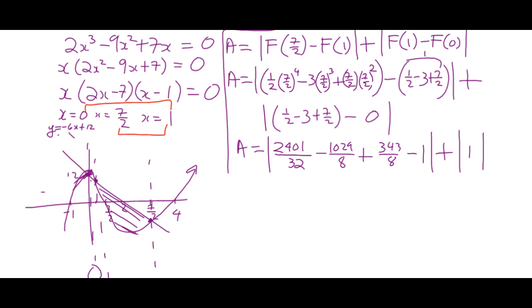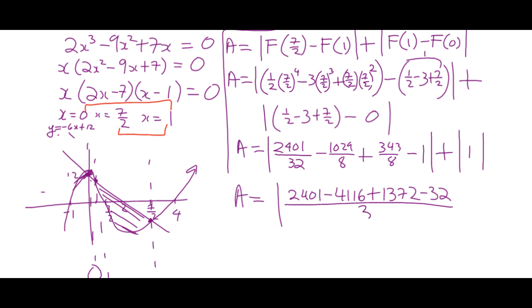Okay, so we need a 32 in the denominator. So we get 2401 minus 4116 plus 1372 minus 32 all over 32, and then plus 1, we just take the absolute value of 1.